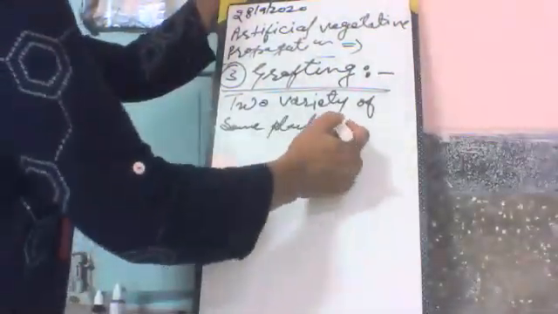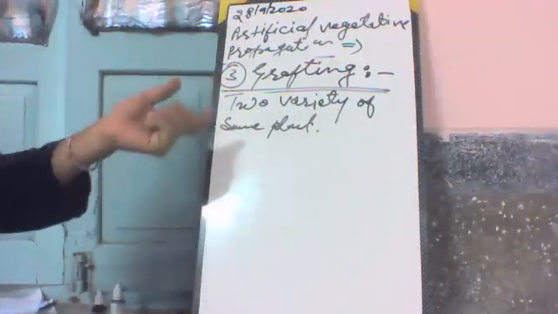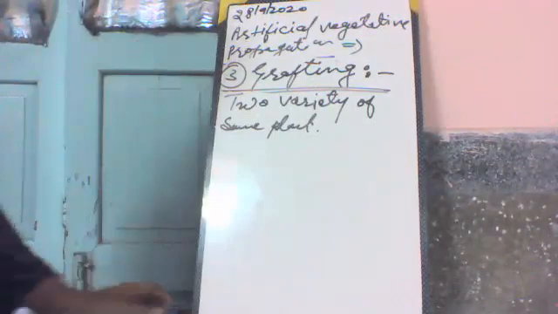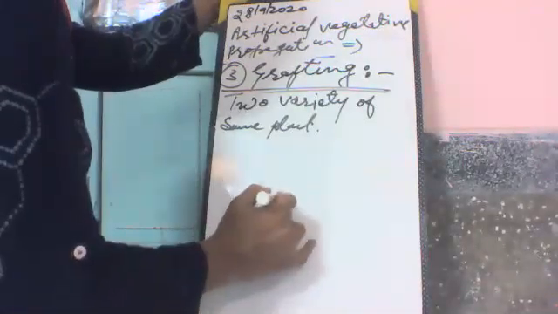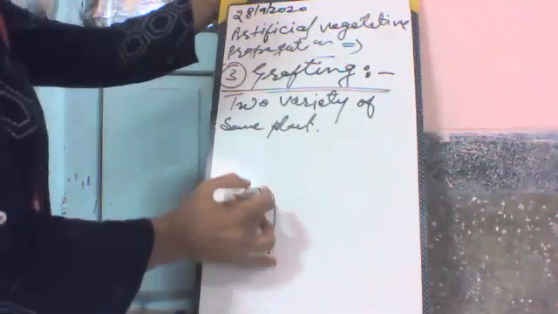Suppose the flower is red in color and its smell is good, so we take two varieties. The plant receiving the bud, this is the plant which is receiving the bud.